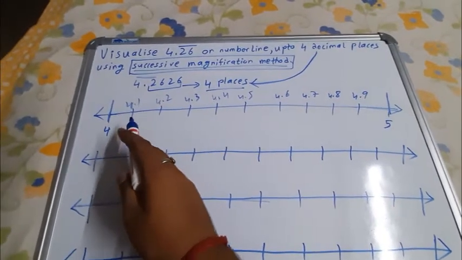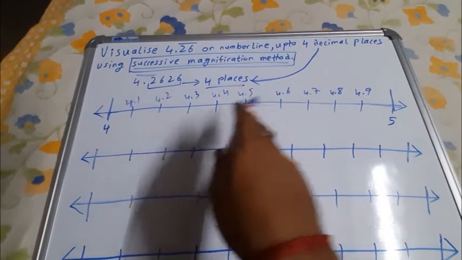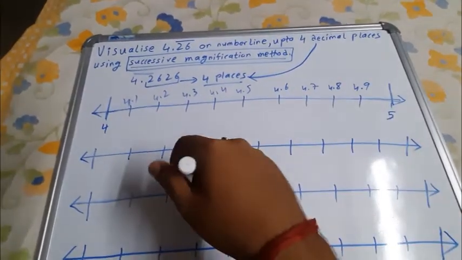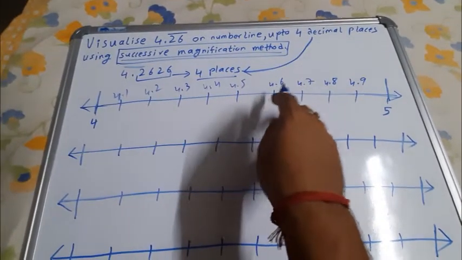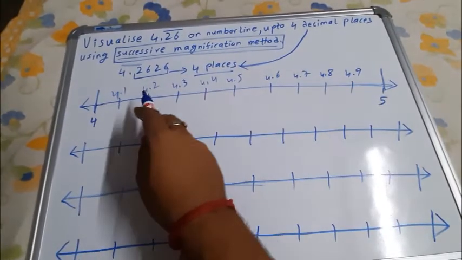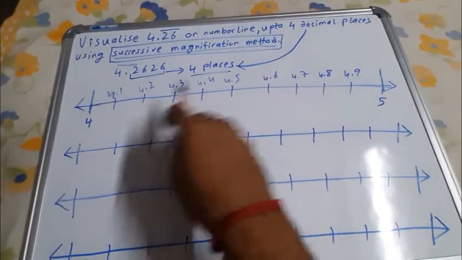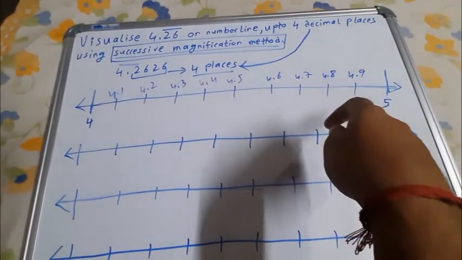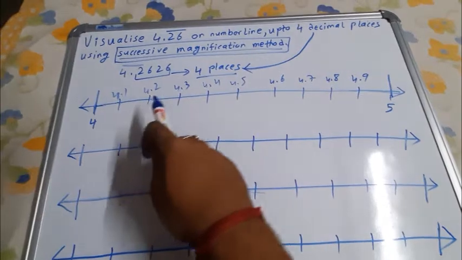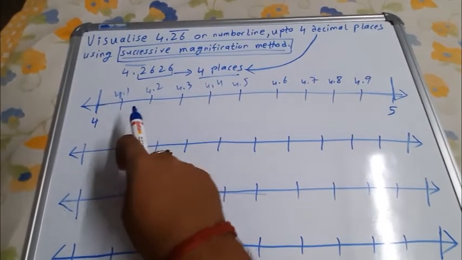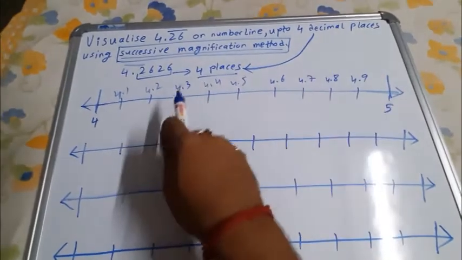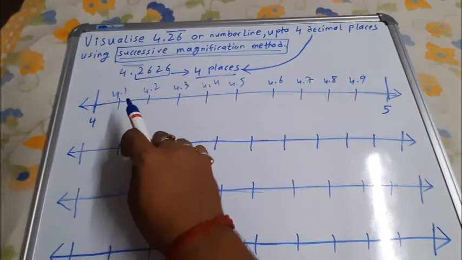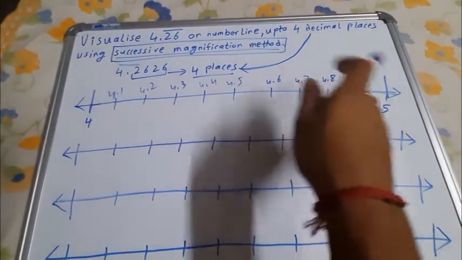From 4 we went to 4.1, 4.2, 4.3 up to 4.9, then comes 5. Actually I have divided this into 10 divisions, but the division marks are 9. You can count: 1, 2, 3, 4, 5, 6, 7, 8, 9.